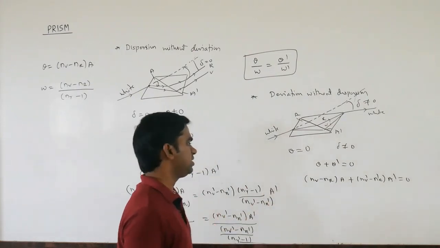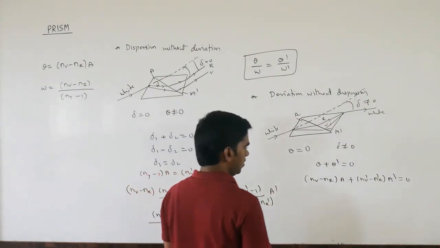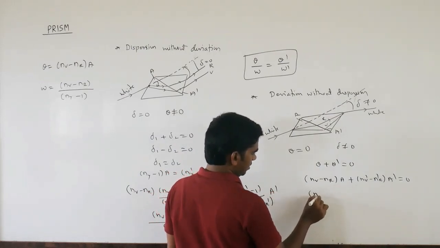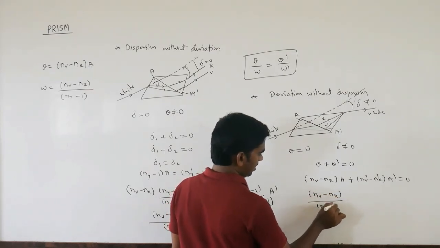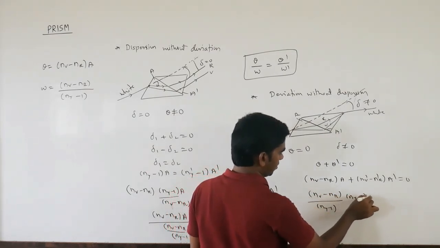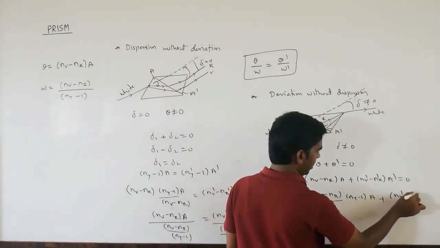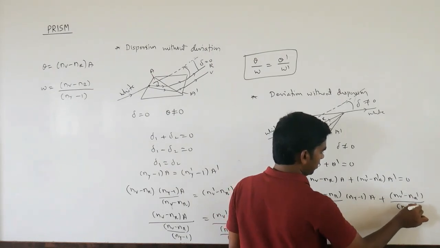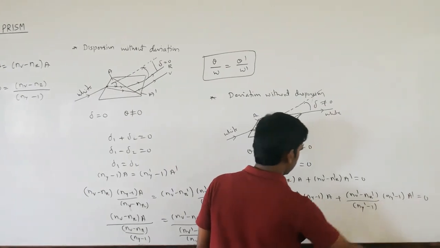This is the condition. If you want it in terms of theta and omega, multiply and divide by NY minus 1: NV minus NR divided by NY minus 1, multiplied by NY minus 1 into A, plus NV dash minus NR dash divided by NY dash minus 1, multiplied by NY dash minus 1 into A dash, equals 0.